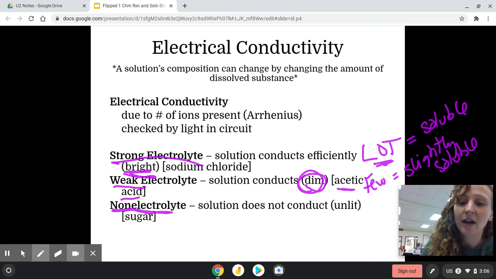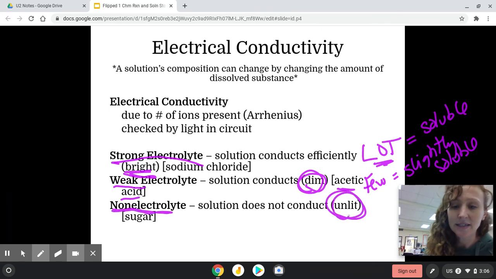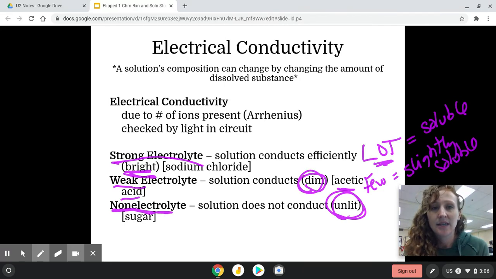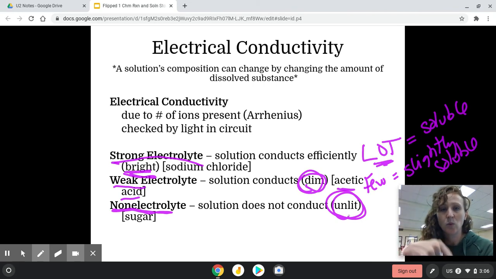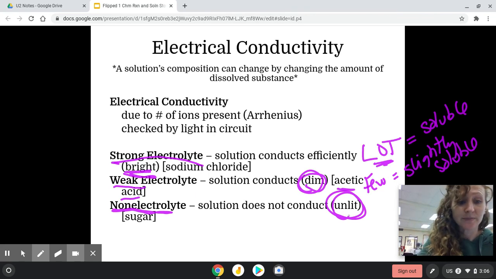Non-electrolytes would have a light that is unlit, and this means that there are no ions present. Even if your thing dissolves in water, that would mean your thing is polar, right? Well, polar things don't fall apart into ions. They just stay as their own little polar molecules, like sugar.